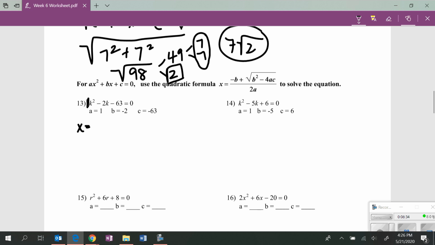X equals negative b, so I have negative b, that means I have a negative 2, so that turns it into a positive 2.